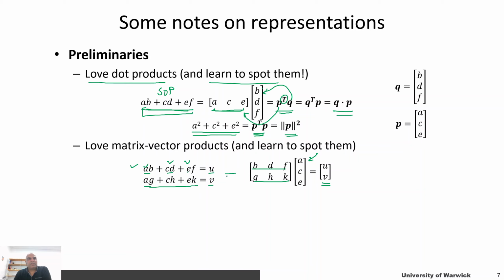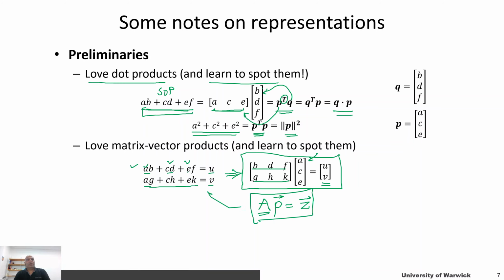Then this whole thing can be expressed as a linear equation, which I can write as, let's say, A P is equal to the V vector. Typically matrices are indicated by capital letters. So this simple equation tells me that this is going on, right?